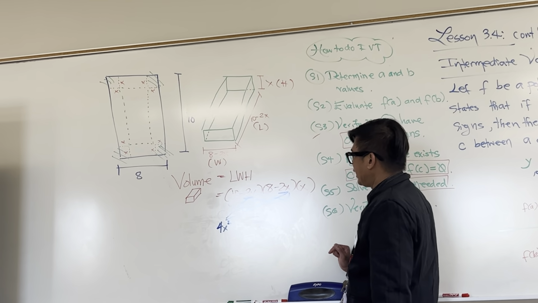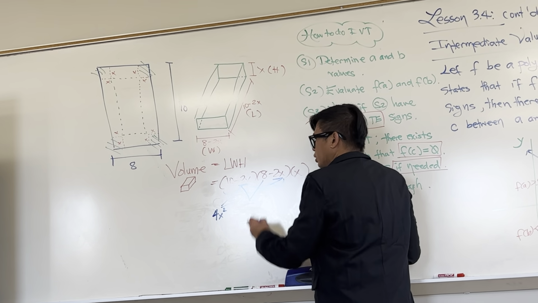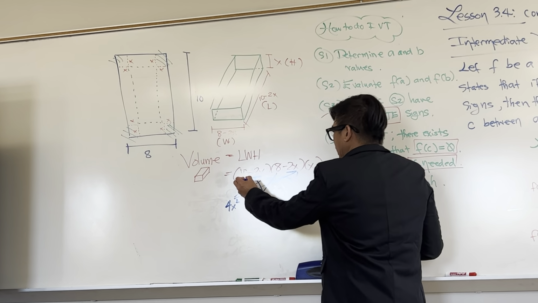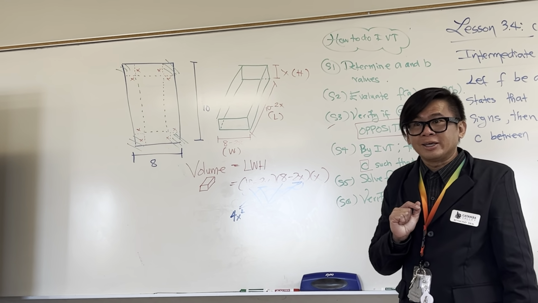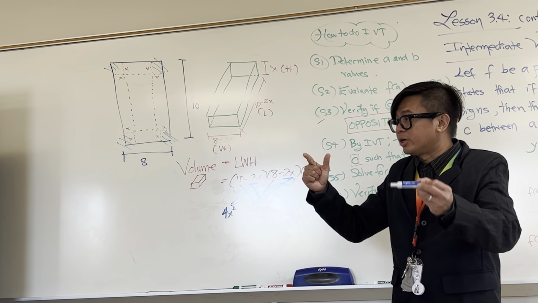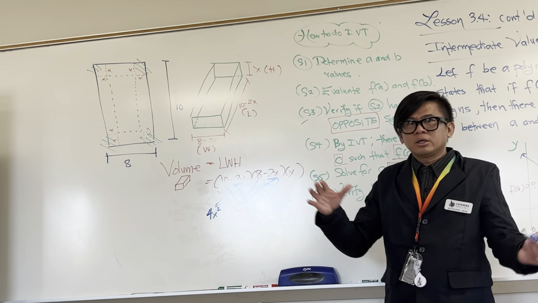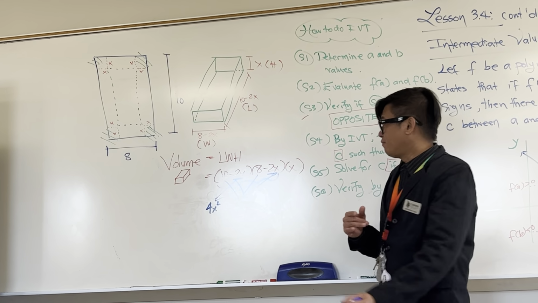What's next? Outer, inner, right? Inner, negative 16. Outer, negative 20. You're gonna add them together. Negative 16 and negative 20 together will be negative 36x.